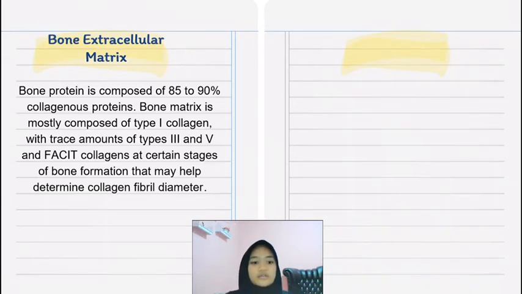The roles of each of the bone proteins are not well defined at present, and many seem to serve multiple functions, including regulation of bone mineral deposition and turnover and regulation of bone cell activity.